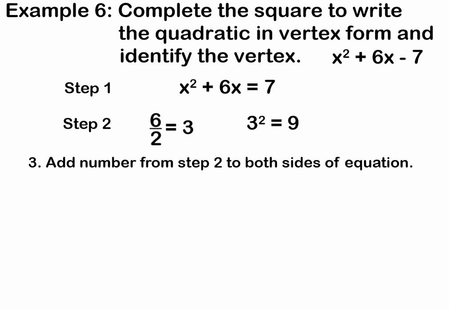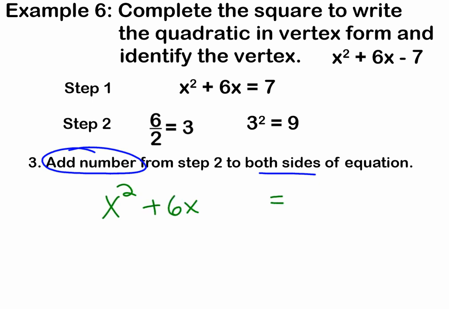Now I know my second step tells me 9 is that magical number. Step 3 says add the number to both sides. So I originally have x squared plus 6x on the left, and equals 7 on the right. I am going to add that 9 to both sides of the equation.